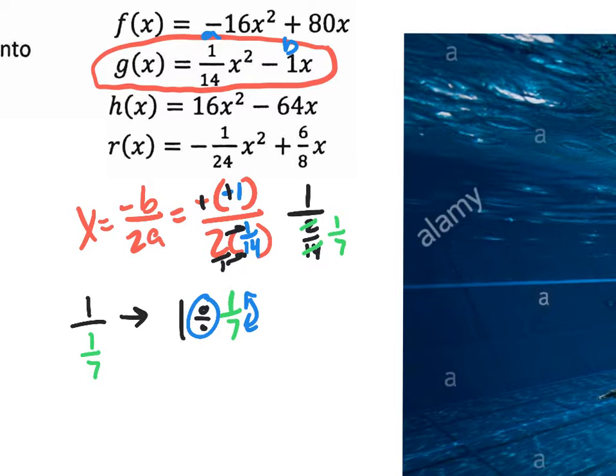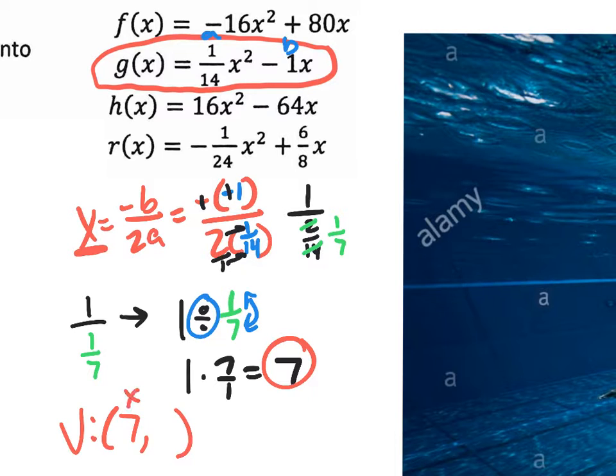And if not, you could all type it into the calculator and it'll do it for you. But anyways, we have 1 times 7 over 1. That's just 1 times 7, which is really 7. So what did we just find right here? The vertex x value, right? Yeah. All right, so the x value is 7. So here I go. Vertex, the x value is 7.